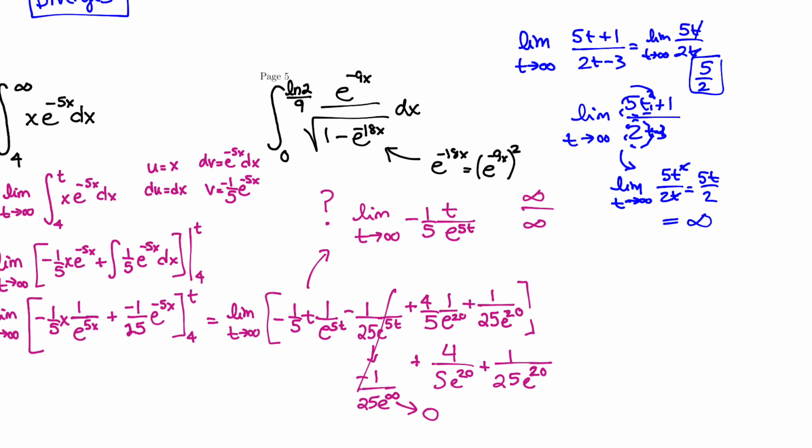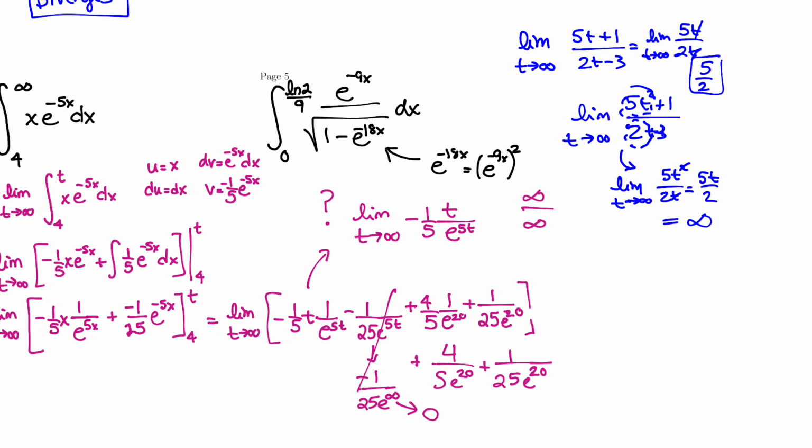Same thing, e to the 5t. E to the 5t is an expression which grows infinitely big really fast because it's an exponential function. T is a linear function, has linear constant slope behavior, okay? E to the 5t does this. In fact, it goes even faster.